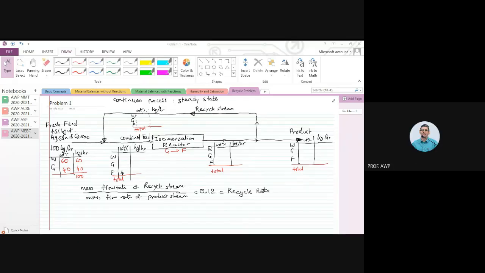How many are using two unknowns? Anybody is using two unknowns? Just unmute yourself and answer. I'm using two unknowns.